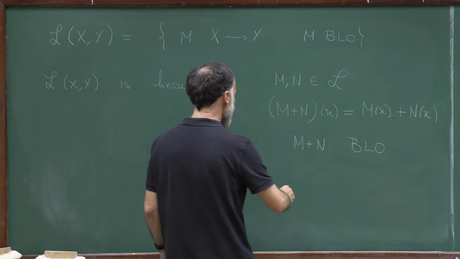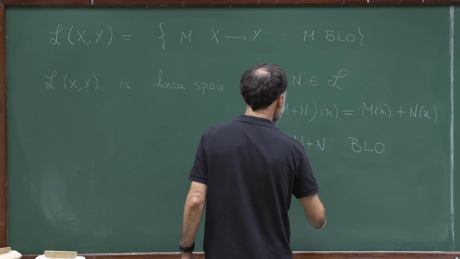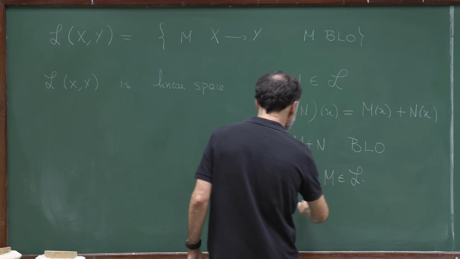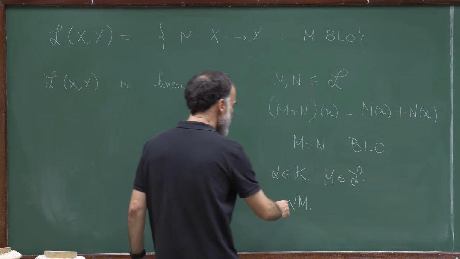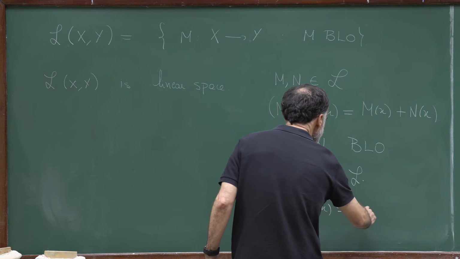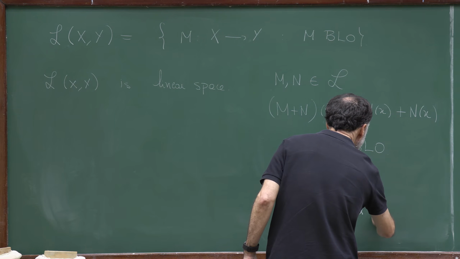I can also define, if I have alpha a scalar and M a linear operator, a new operator, which is alpha times M, and alpha times M applied to x will be equal to alpha times Mx.